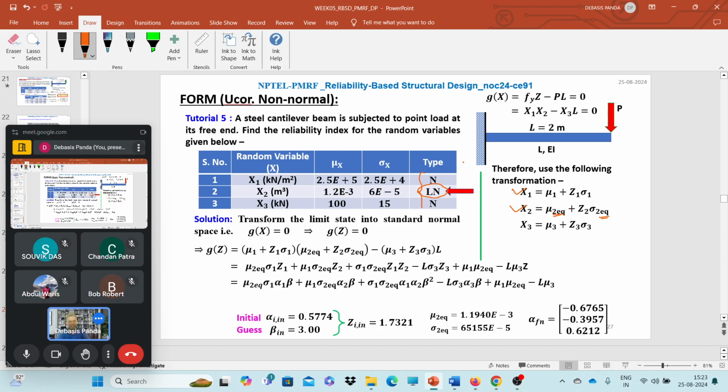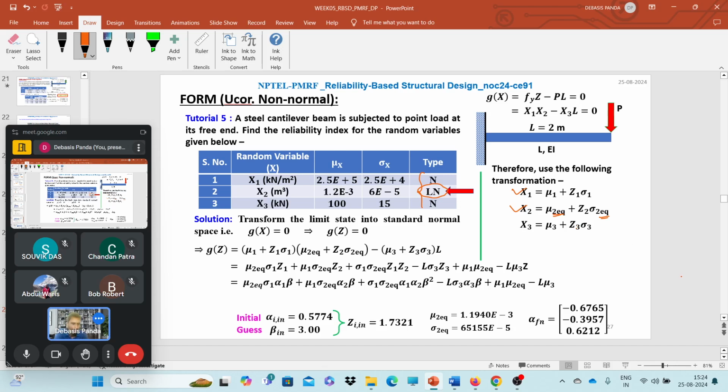Okay, so we will see this step by step once we reach that final case where correlated and non-normal random variables are there, and we make some function file. Then we will solve all these problems, and we will see how the results vary, or if there is any variation of results, we will check later.